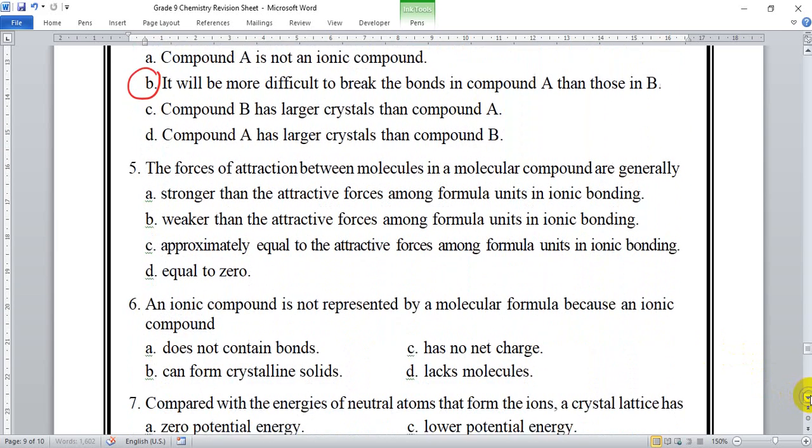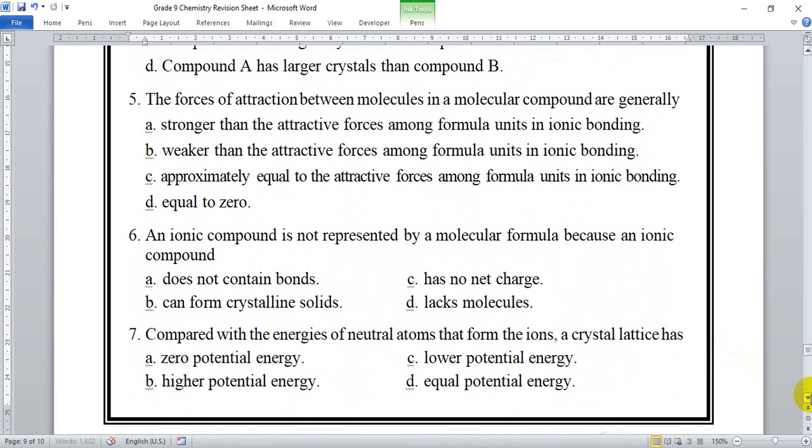Number 5. The forces of attraction between molecules in a molecular compound are generally stronger than the attractive force among formula units in ionic bonding, weaker than the attraction force among formula units in ionic bonding, or approximately equal to 0.